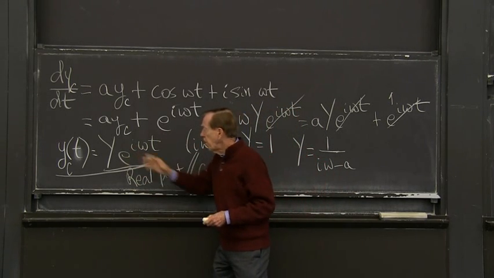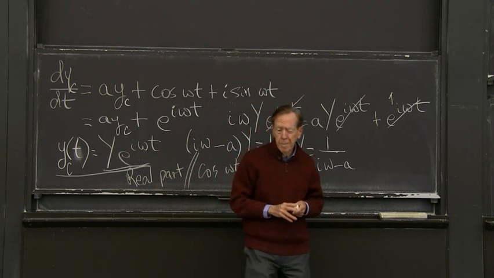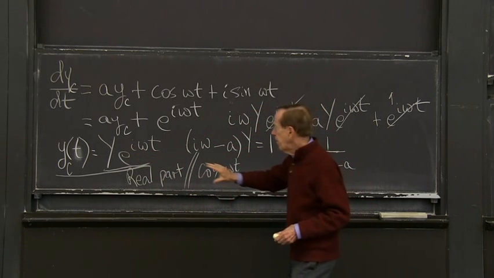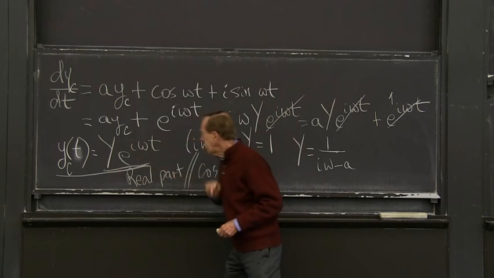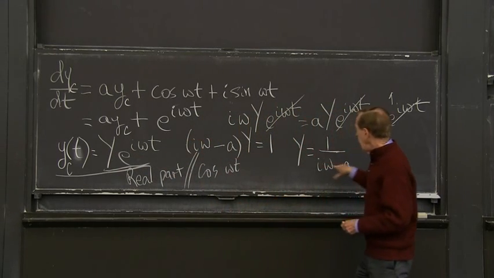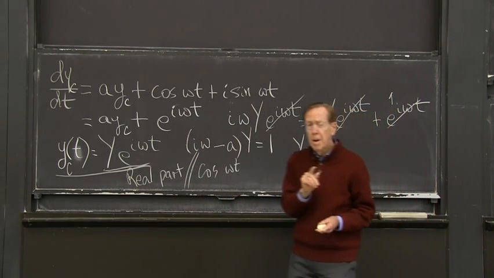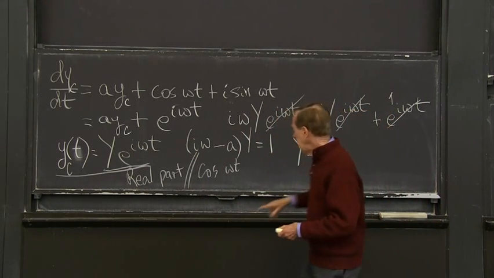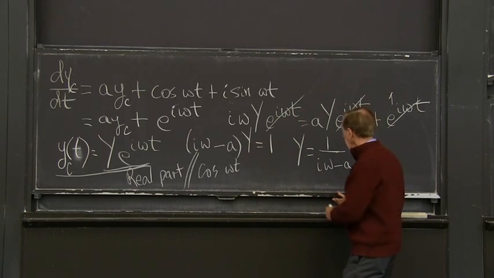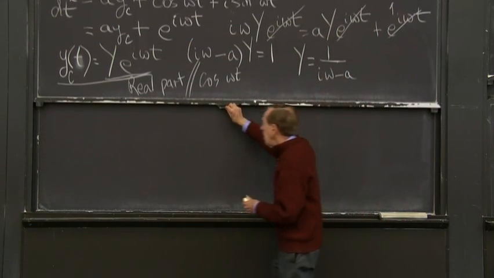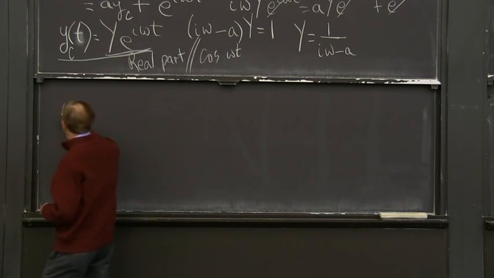I have it in this form, and in a way it's a better form. So now I have to think about this, and Y itself has this thing in the denominator. So let me look at this number i omega minus a.